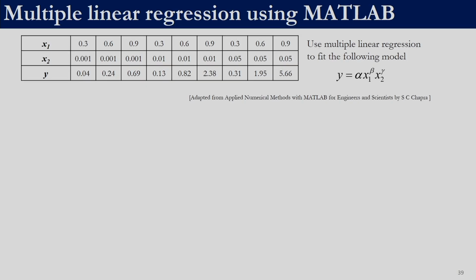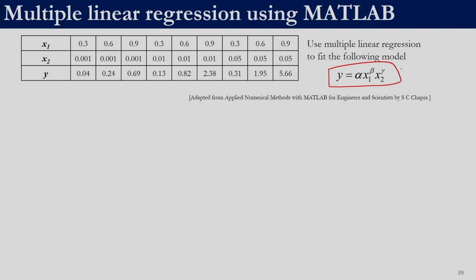So, now let us look into how to solve a multiple regression problem using the same regress function in MATLAB, right. So, here we have this problem wherein the model that we have to fit is y is equal to alpha x1 power beta x2 power gamma, right. So, this is a nonlinear model, right.